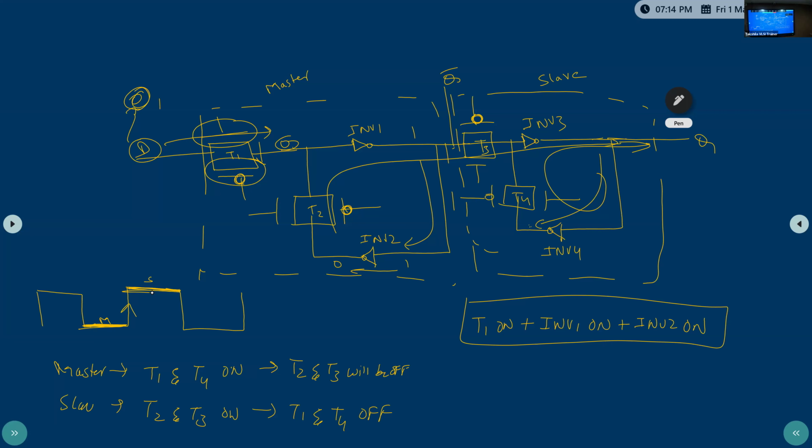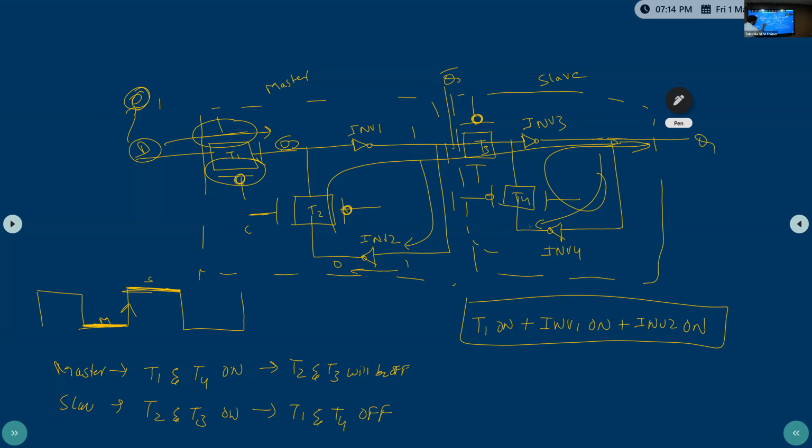Now come to the point. Suppose each and every gate in a digital circuit will have some turn-on time and turn-off time, right? If I am giving a positive clock signal here, then this one is going to turn off. Yes or no? T1 is going to turn off, T2 will be turned on, because these are clock signals.